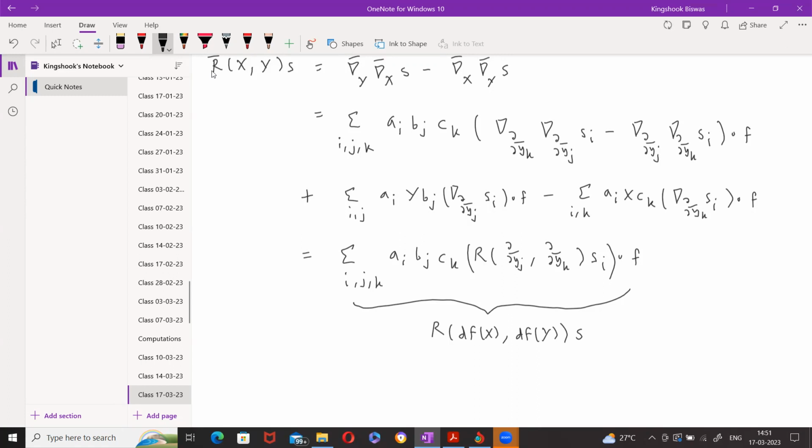What's bothering me is these last two terms, they should not be there actually. Or they should cancel. So 1 second, let me just think.